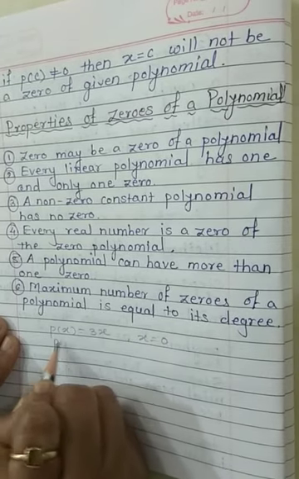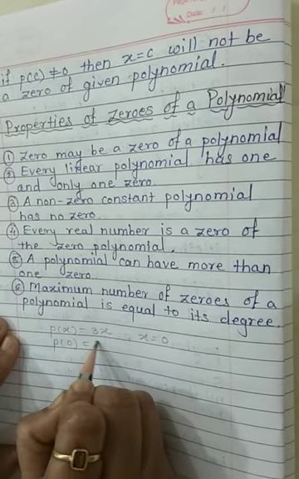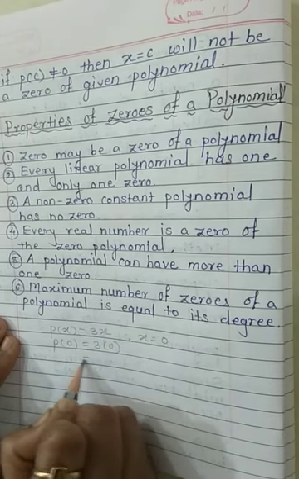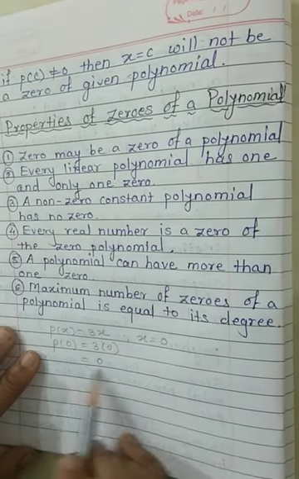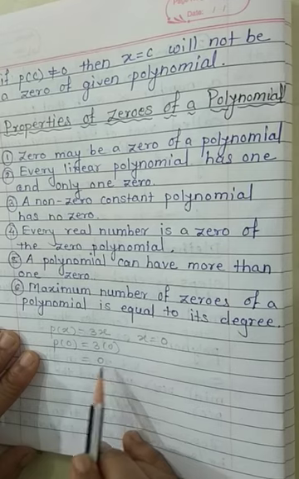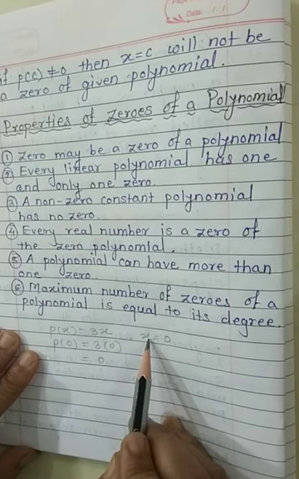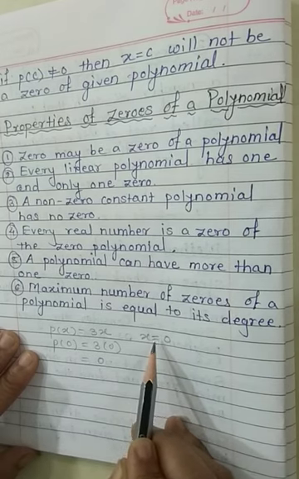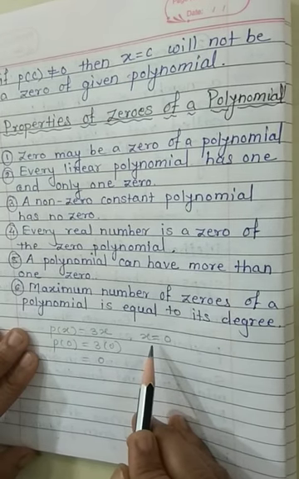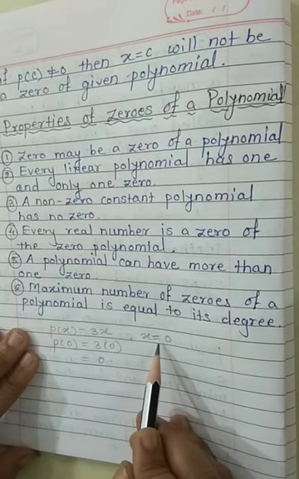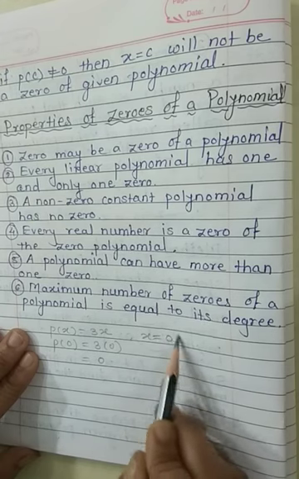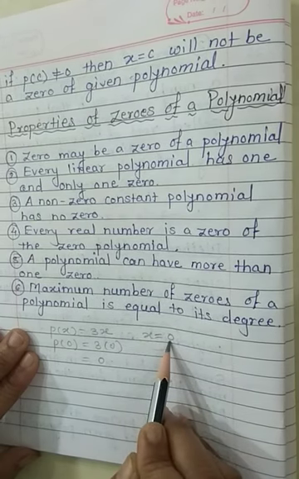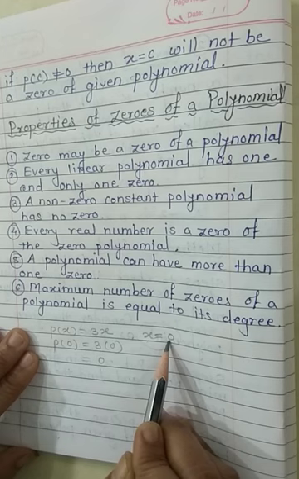Then p of 0 is equal to 3 into 0, that is equal to 0. As the value of the polynomial is 0, the value of variable x equal to 0 is the root of the polynomial, or zero of the polynomial. And here the value of the variable is 0, that means 0 may be a zero of a polynomial.